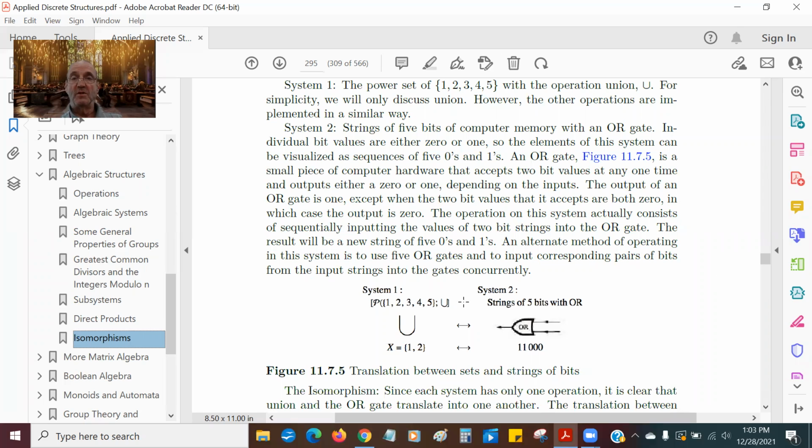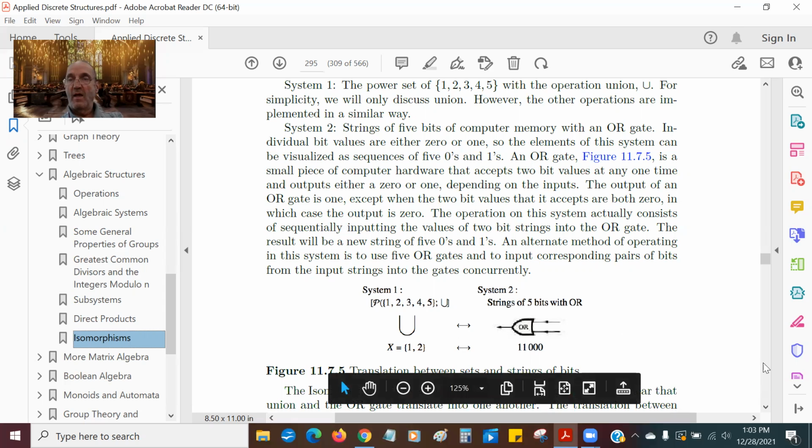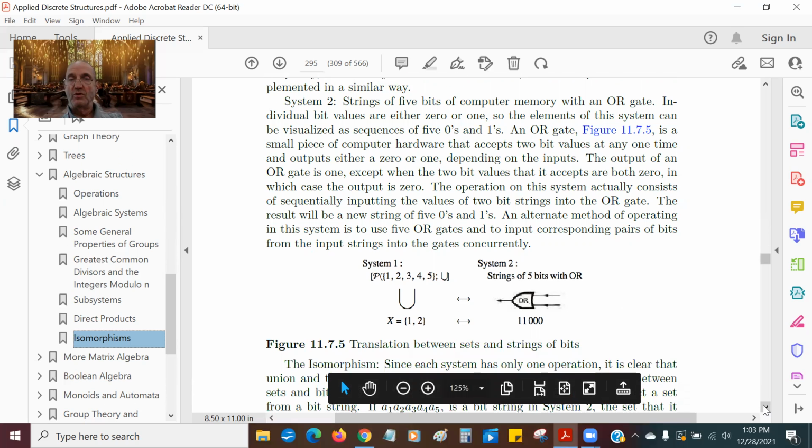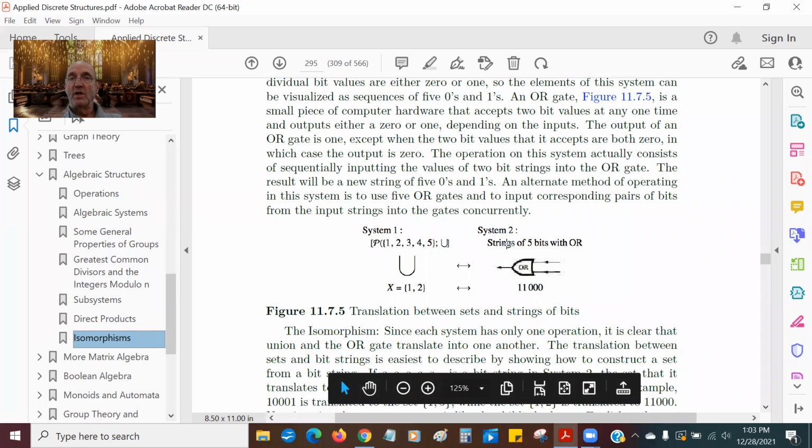So again, system 1, we have the power set of 1, 2, 3, 4, 5 with the union operation. System 2, we have strings of 5 bits with an OR.